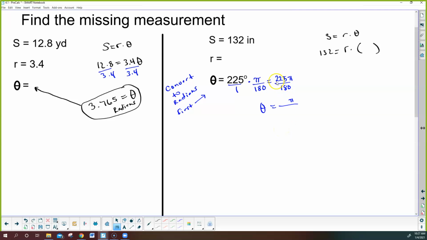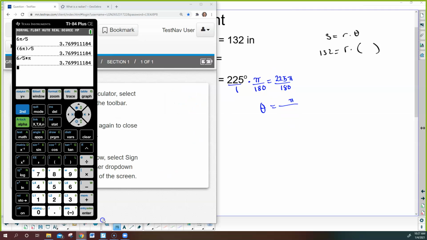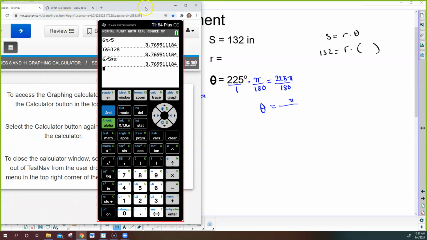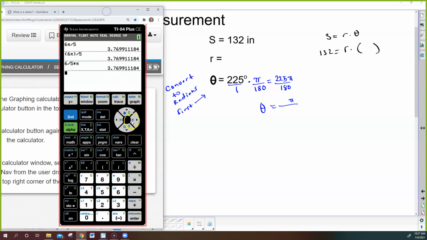And then I'm just going to grab my calculator and do 225 divided by pi, or excuse me, divided by 180. So just take 225 divided by 180, hit enter, and then turn that back into a fraction.